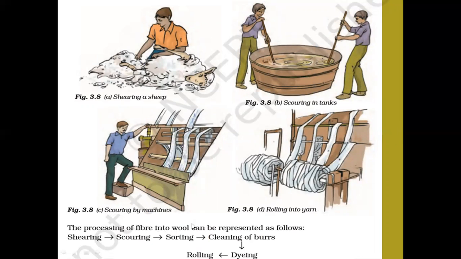So this is the process of processing fiber into wool. First is shearing, then scouring, sorting, cleaning of burrs, dyeing and rolling.